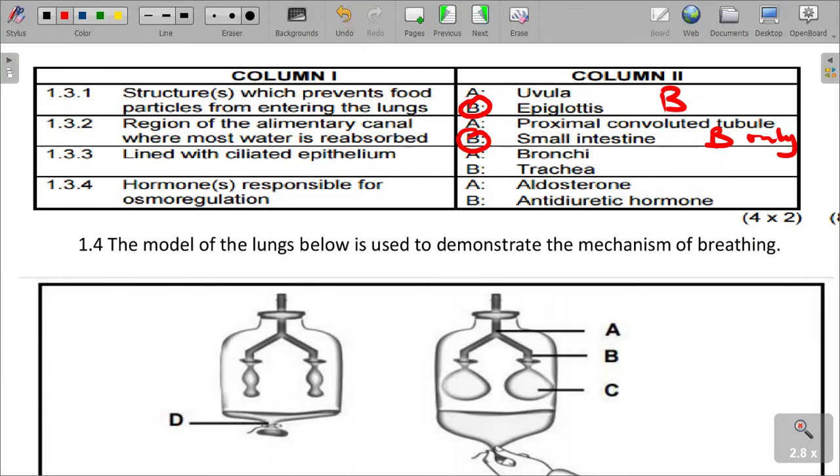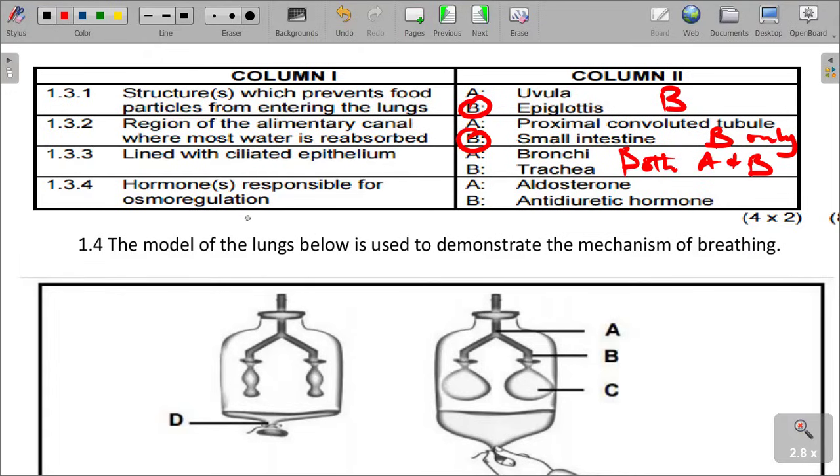Lined with ciliated epithelium. What is lined with ciliated epithelium? It is the bronchi and the trachea, they are both lined, so it is both A and B. And then hormones responsible for osmoregulation.